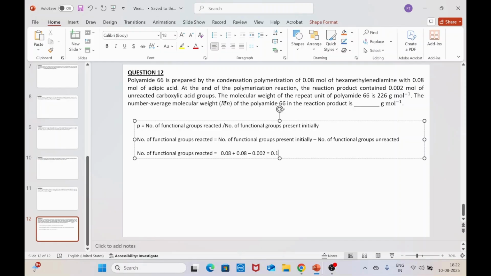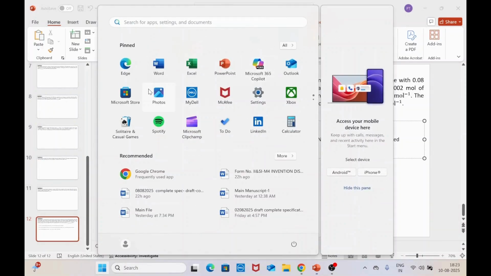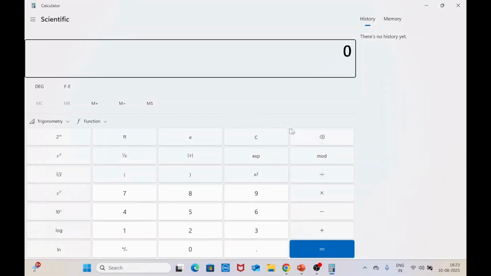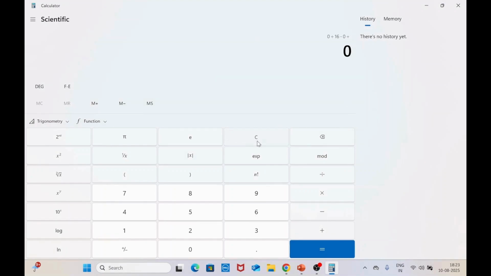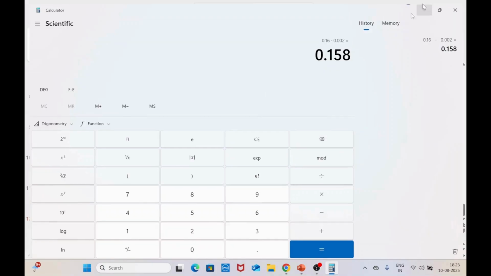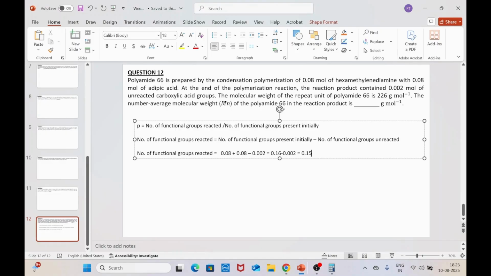So this is going to be 0.16 minus 0.002, which is 0.158, and the number present initially is 0.16.